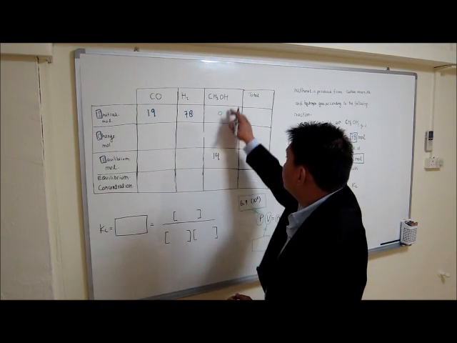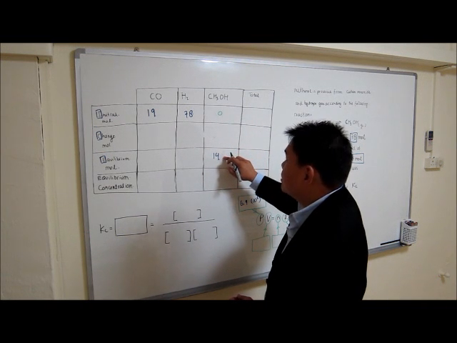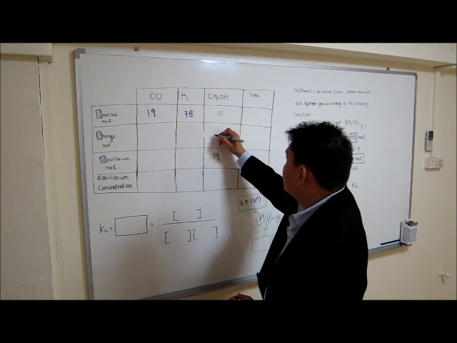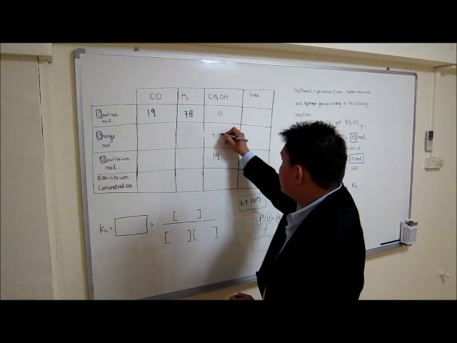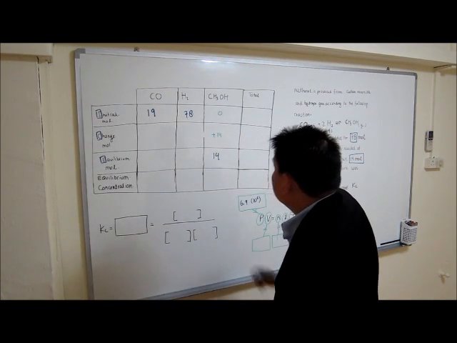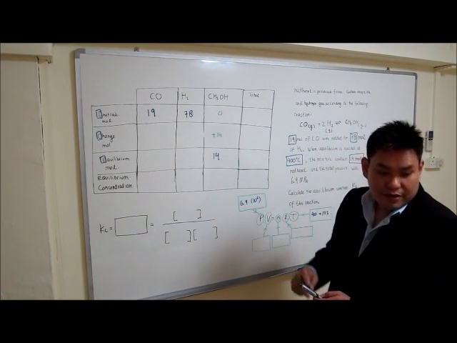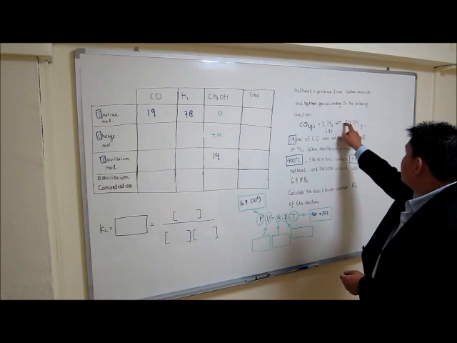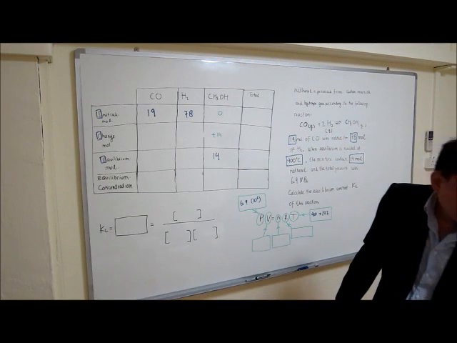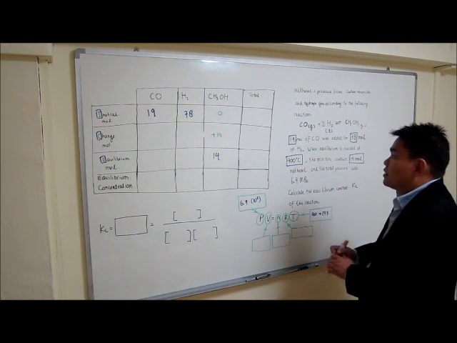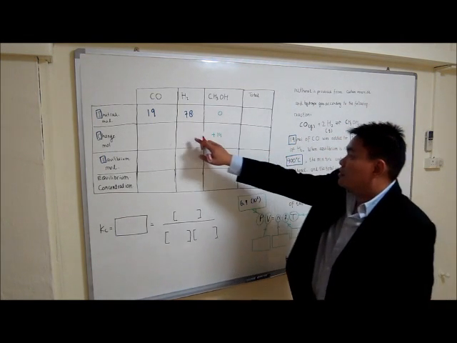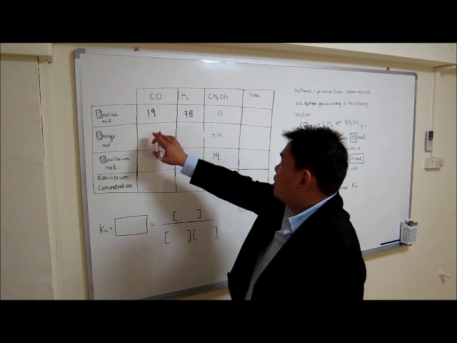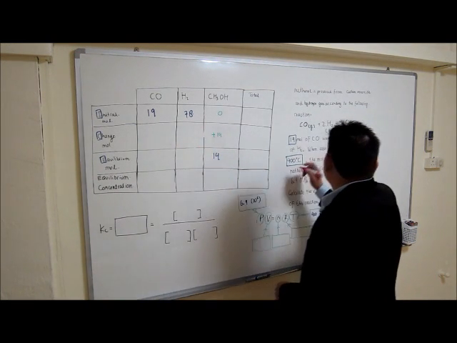At equilibrium, you have 14 mole of CH3OH, so it changed by 14 moles, increased by 14 moles. And don't forget, we must use the mole ratio to calculate the change in the mole of carbon monoxide and hydrogen gas.